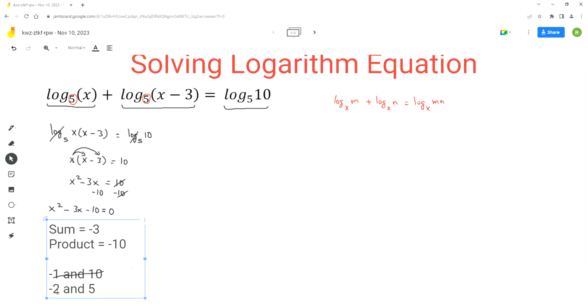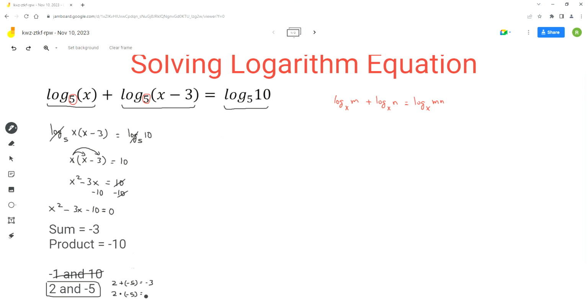So that means we have to switch the sign on the numbers. So the numbers that we are looking for are 2 and negative 5, because 2 plus negative 5 is equal to negative 3, and 2 times negative 5 is equal to negative 10.